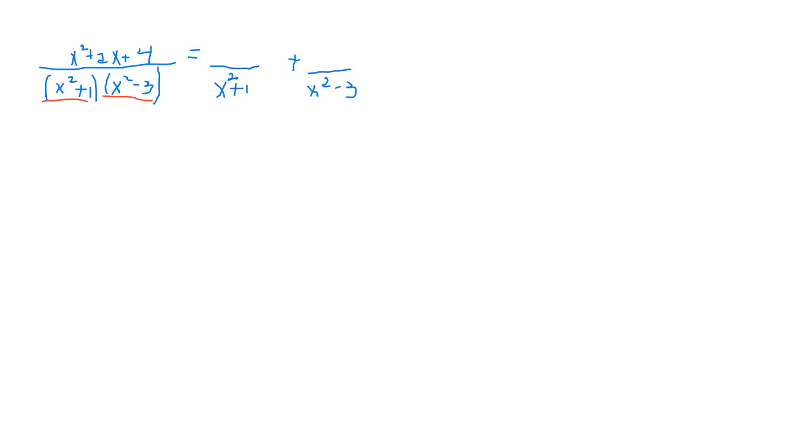So my question is then, above the x squared plus 1, what's going to go above there? Is it going to be a, or is it going to be a little bit more? What do you think? Let's think on it for a moment.